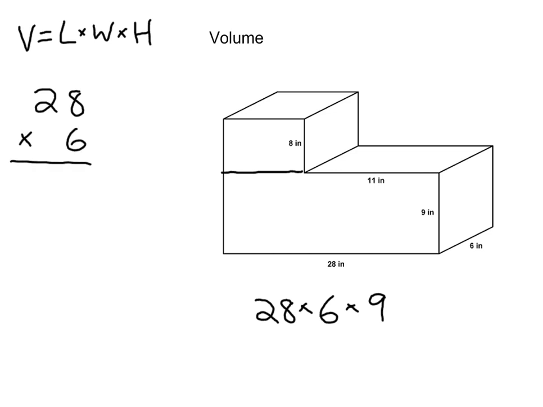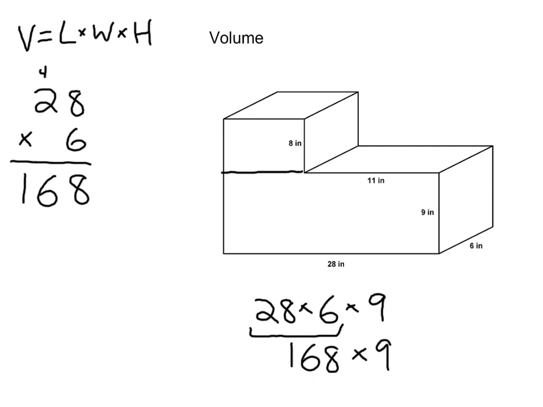When multiplying, we only deal with two factors at a time. So 6 times 8 is 48. 6 times 2 is 12, plus the 4 is 16. So 28 times 6 is 168.